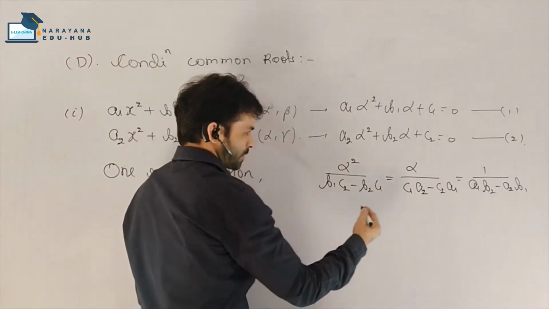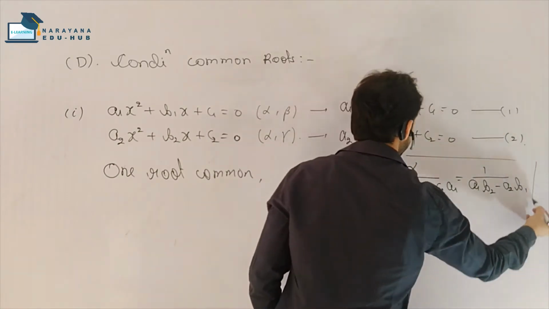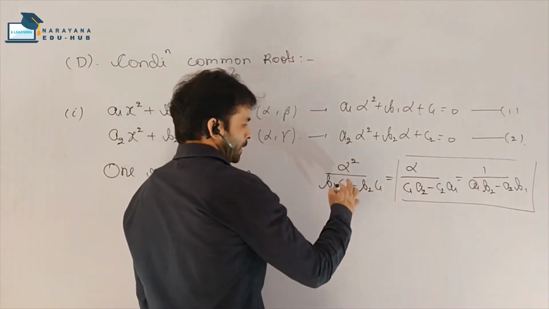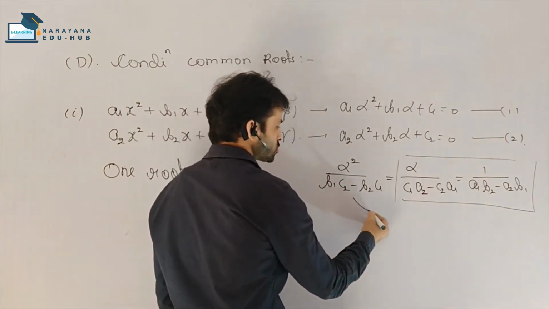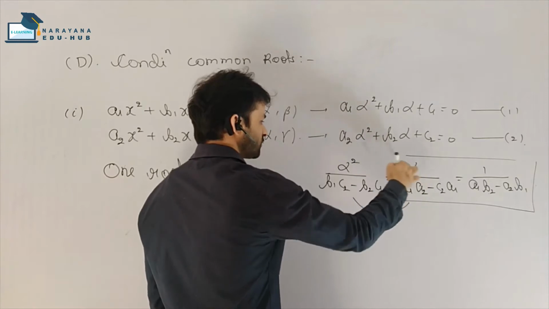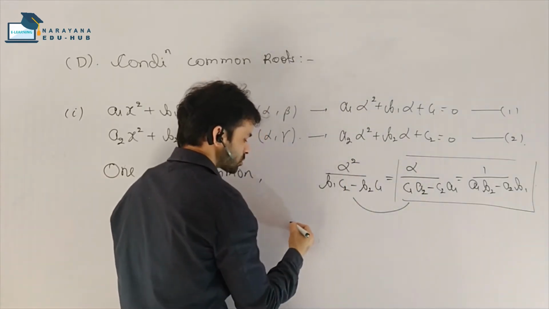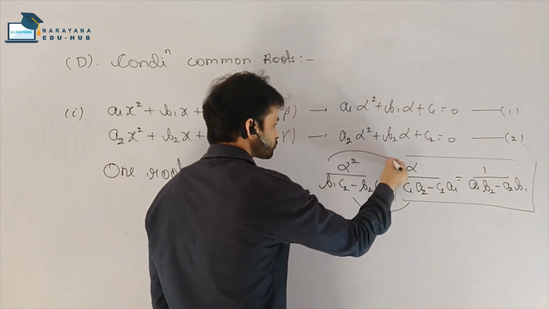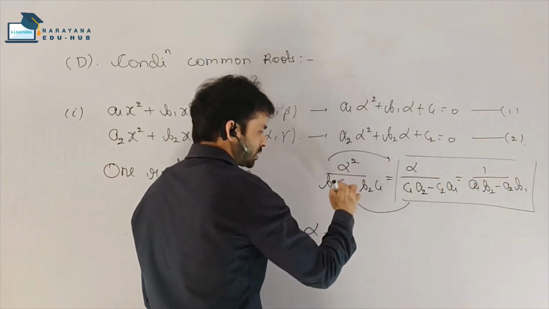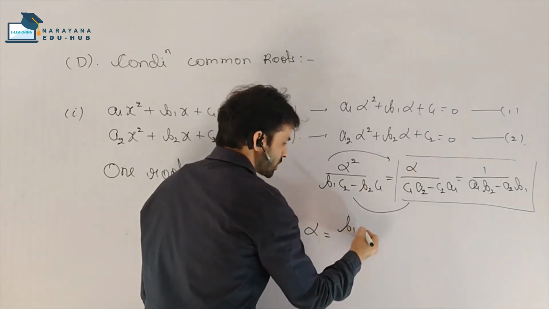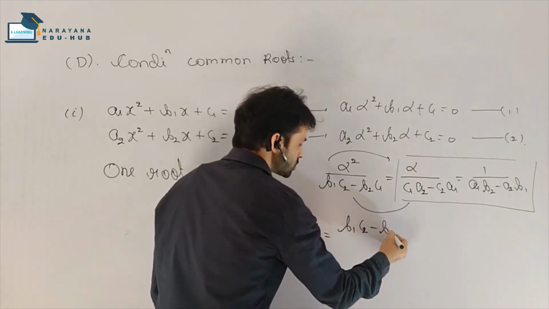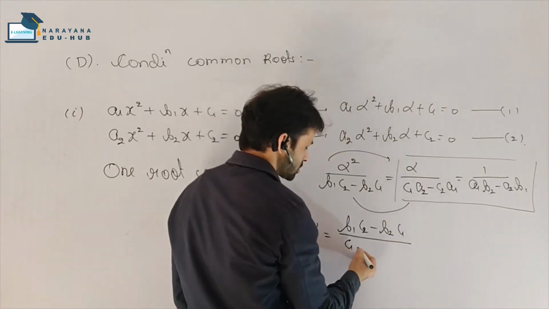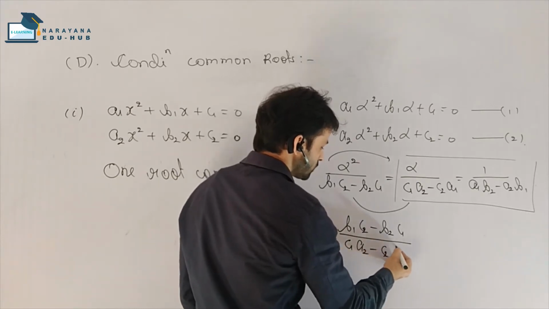So from these two, we can get the value of alpha. From these two also, one alpha will cancel out, and we can write alpha equal to b1 c2 minus b2 c1 divided by c1 a2 minus c2 a1.